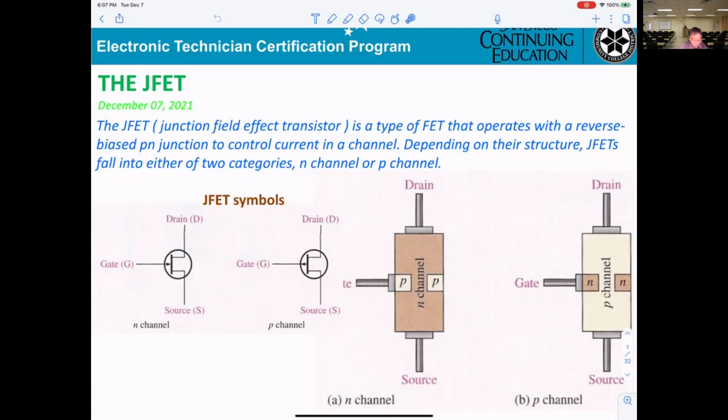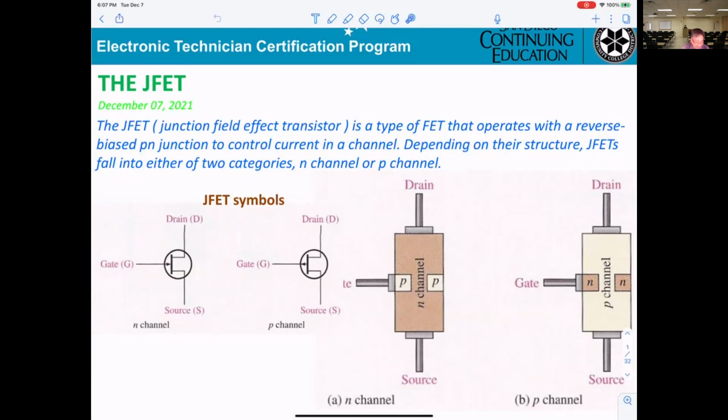Okay, how do we recognize them? This is the symbol for N channel. The first thing you get is what they call the drain, D, this will be the gate, and this will be the source. In the bipolar, you get the base, the collector, and the emitter.